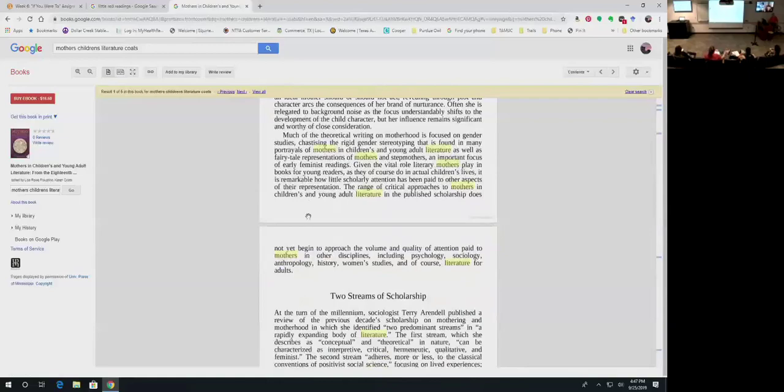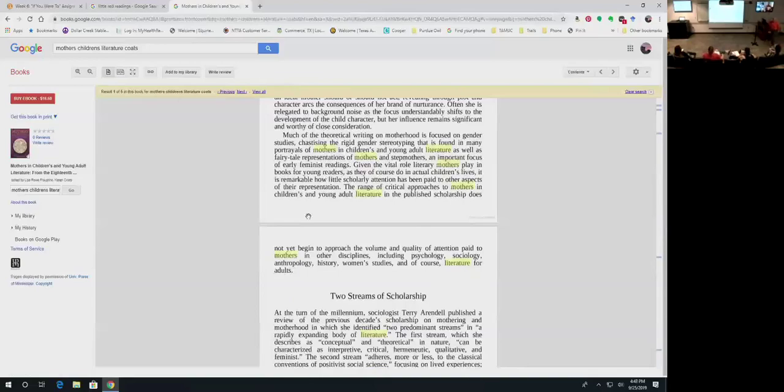Other disciplines like psychology, sociology, anthropology, history, women's studies, and literature for adults take that topic on, but not children's-led scholars. So it's about time, they say, and that's the rationale for putting this together.